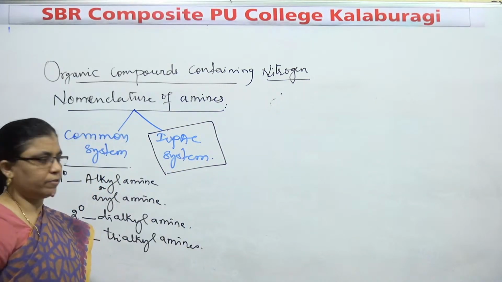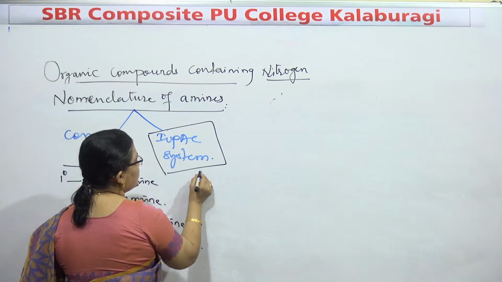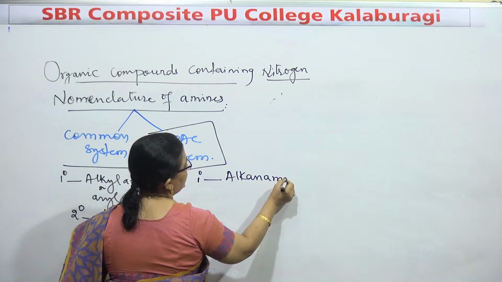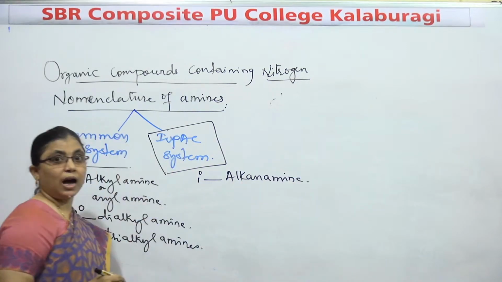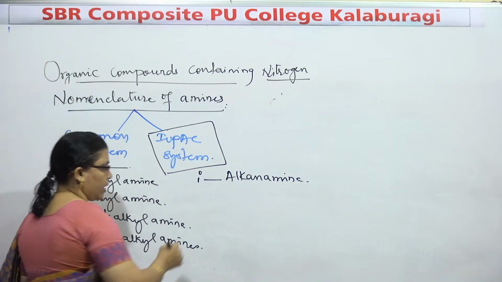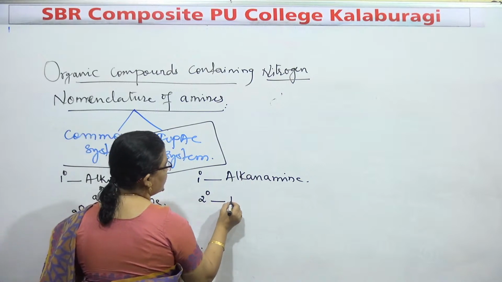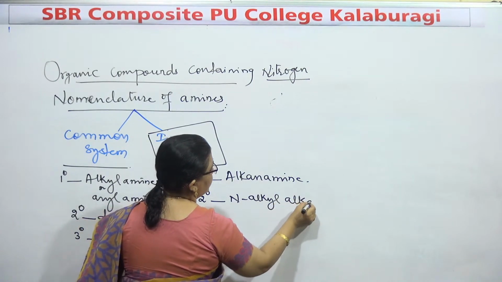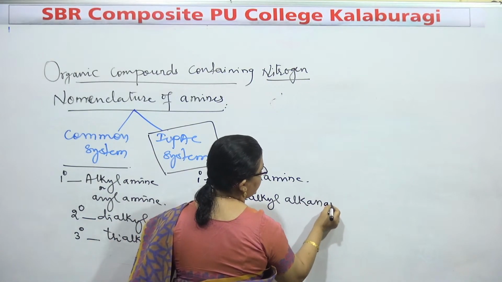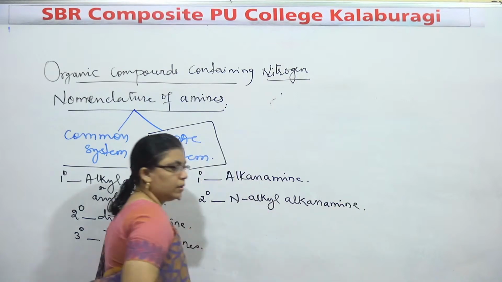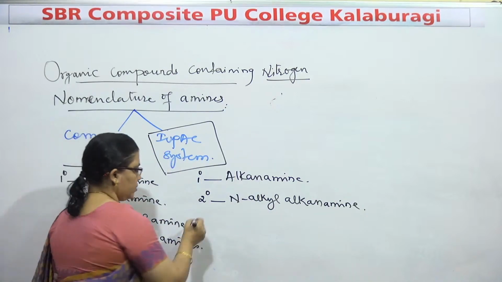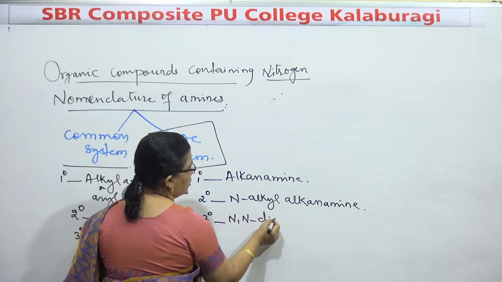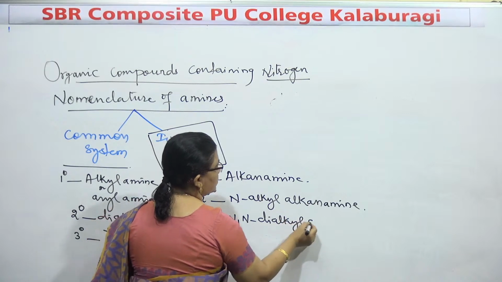According to the IUPAC system, primary amines are named as alkyl amine, whereas secondary are named as N-alkyl amine, and tertiary as N,N-dialkyl amine.